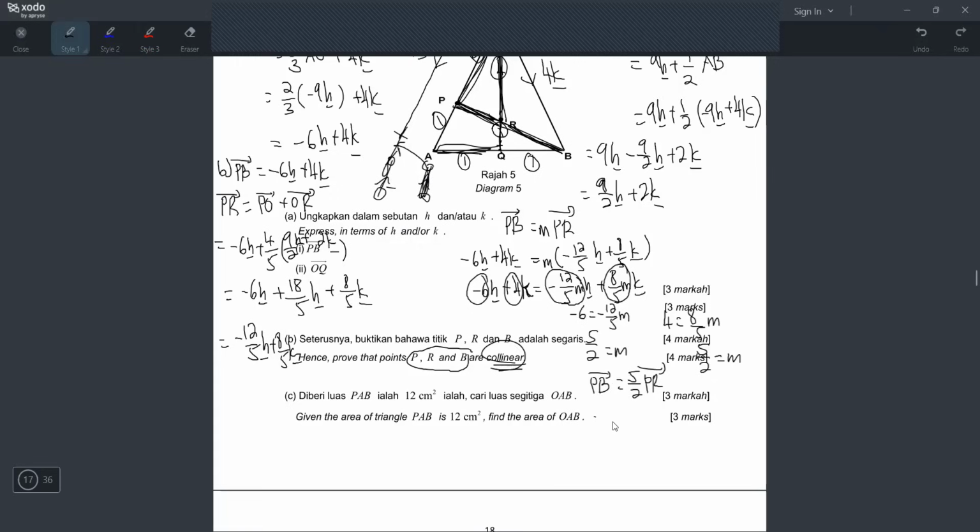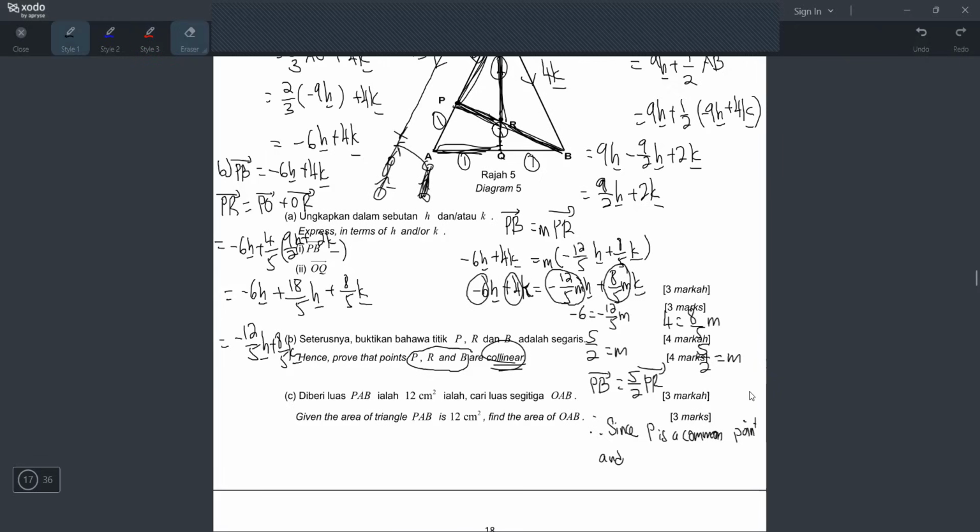So I can write, since P is a common point. Common point means the point where they overlap there. Okay, I should erase the comma.